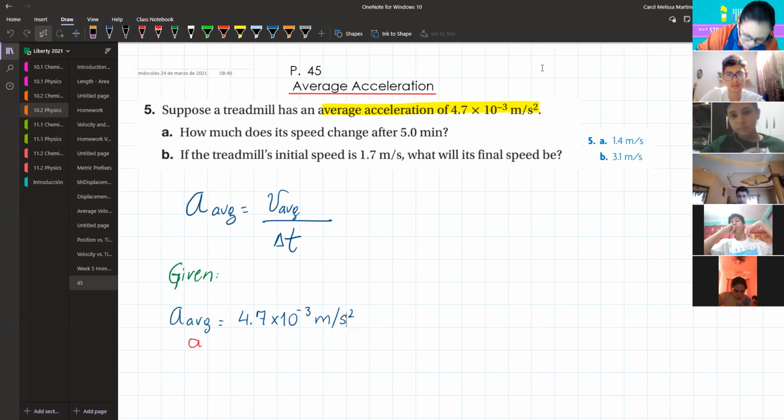In part A, it says how much does its speed change after 5 minutes? So they're asking me about the change in speed.